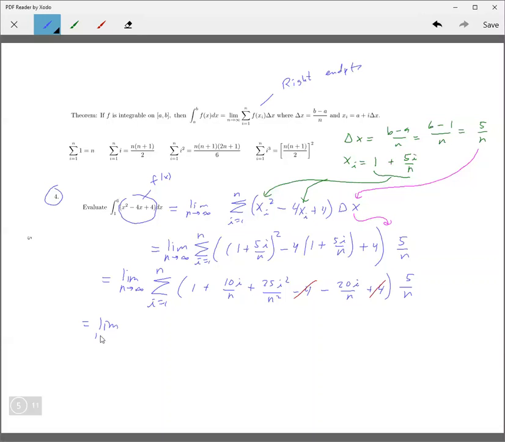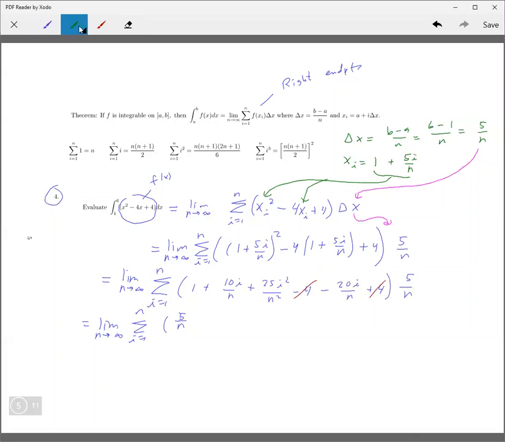Okay, so this is the limit as n goes to infinity of the sum from i equals 1 to n. We have a 1 here times 5 over n, so we'll just call it 5 over n.